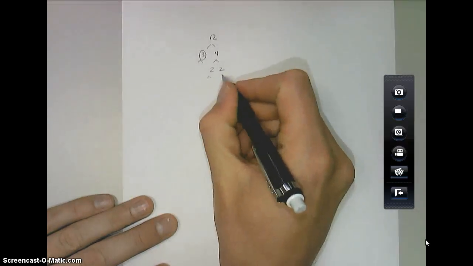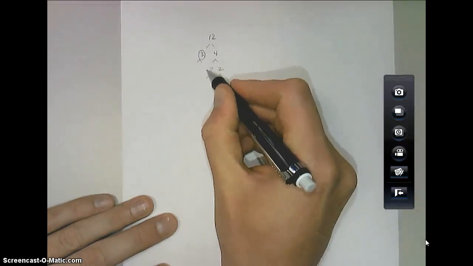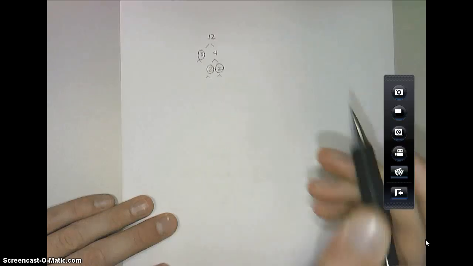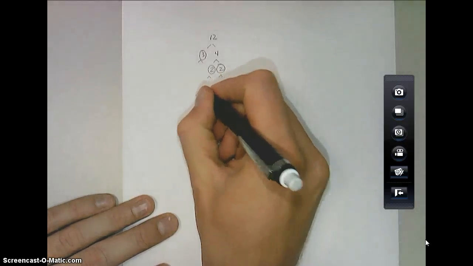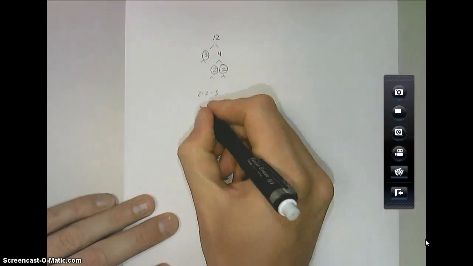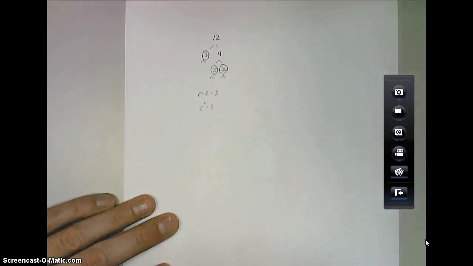Can I go any further with these? No. Okay, because I can't multiply anything together to get 2 other than 2 and 1. So my prime factorization for 12 would be 2 times 2 times 3, which we can write as 2 squared times 3. Okay?